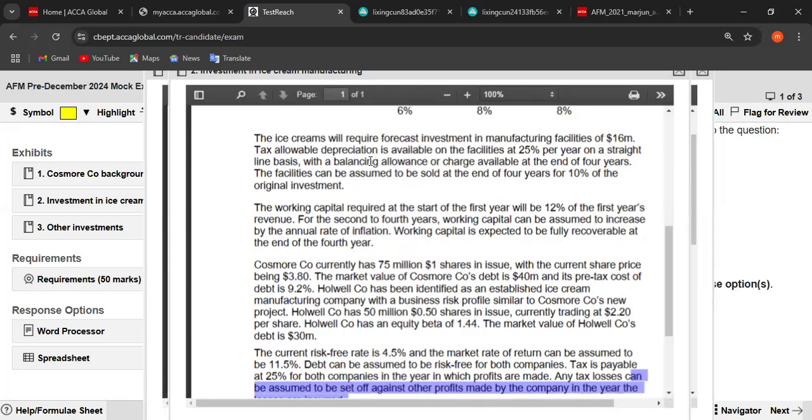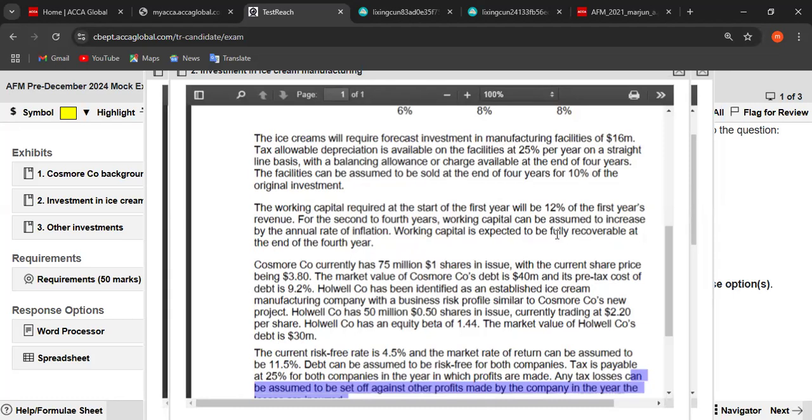Now see what is going to happen. The examiner is very sharp. In this question the examiner tried to confuse. First, the examiner is saying that you have to apply the straight line basis with a balancing allowance or charge available at the end of 4 years.